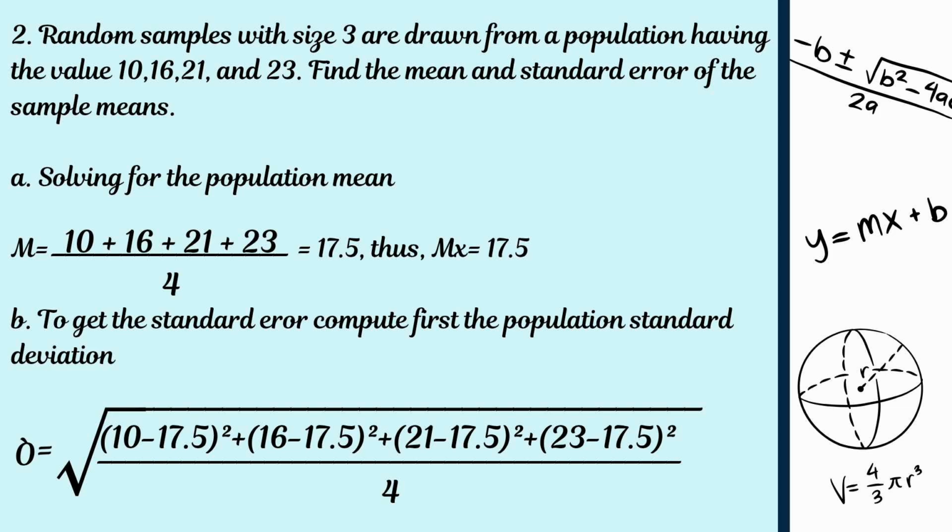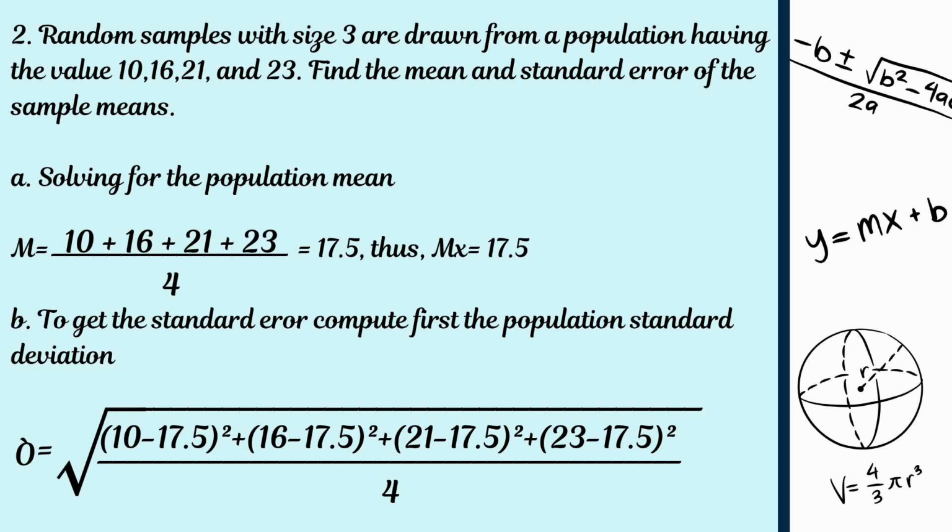The values in the population are 10, 16, 21, and 23. Add up all the values. 10 plus 16 plus 21 plus 23 equals 70. Count the number of values, which is 4, since there are 4 values. Now, divide the sum by the number of values to get the population mean.